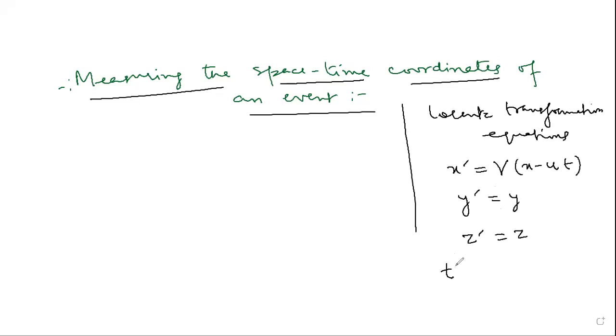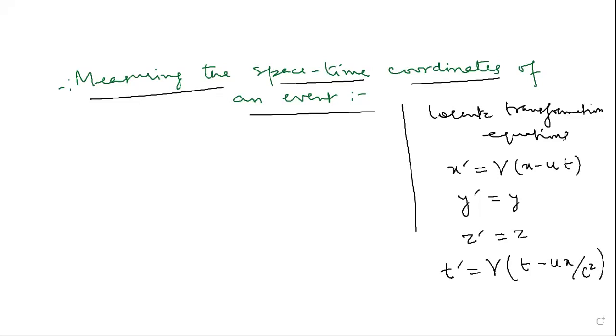And t prime is equal to gamma times (t minus ux by c square). Right? These are Lorentz transformation equations.